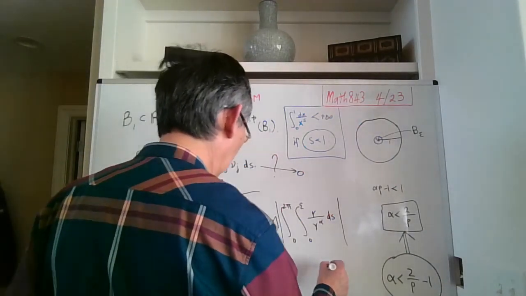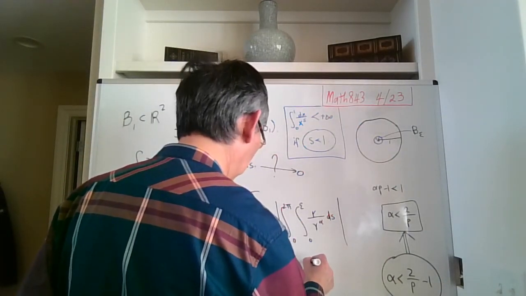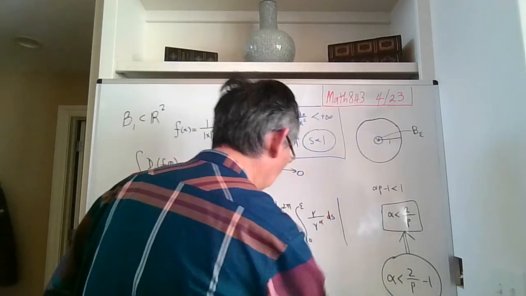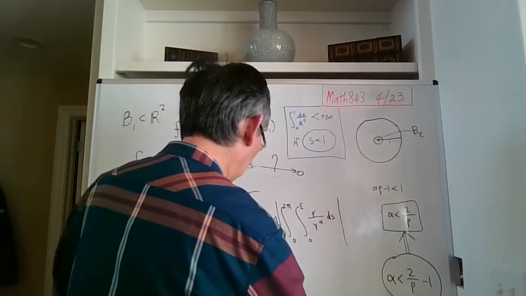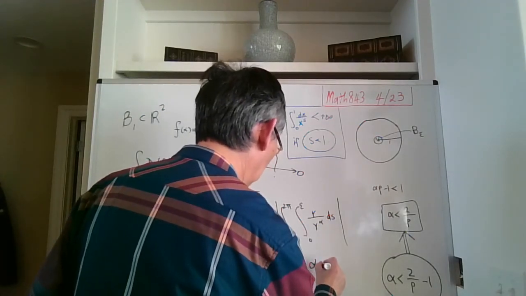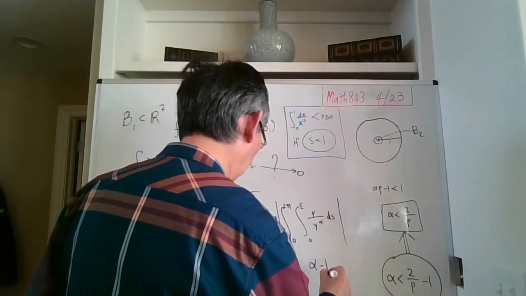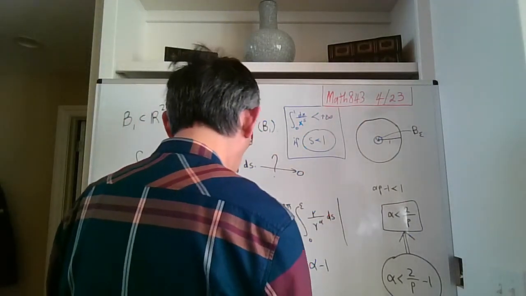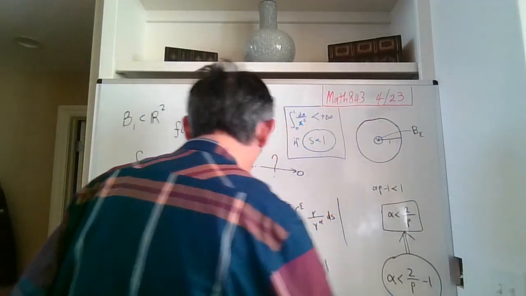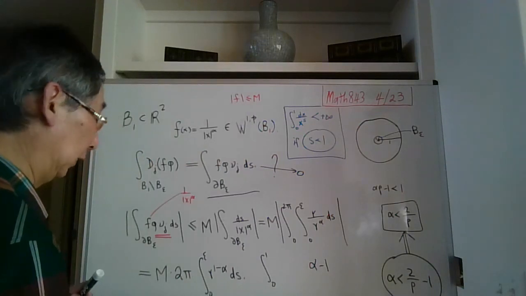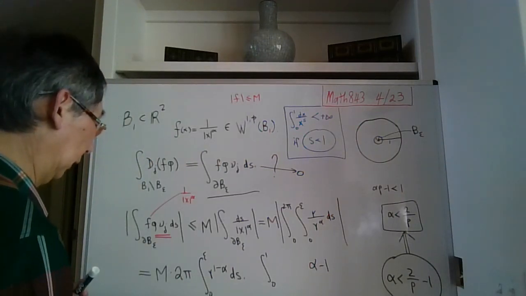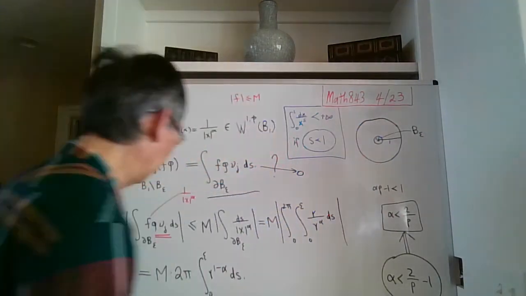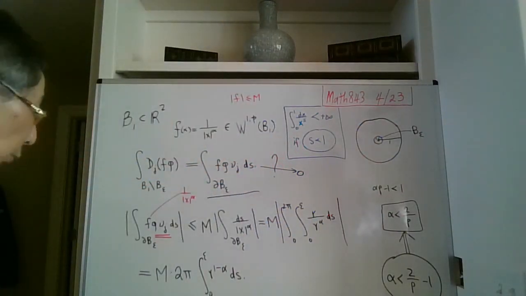The condition has to be alpha minus 1 is what? Sorry, I cannot use that shortcut. I have to do the real calculation.